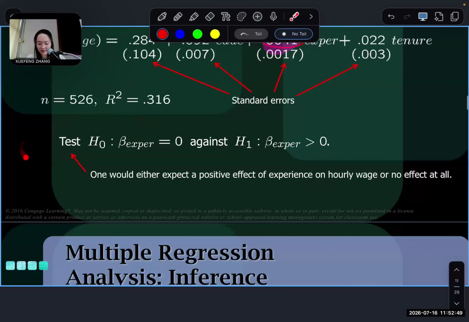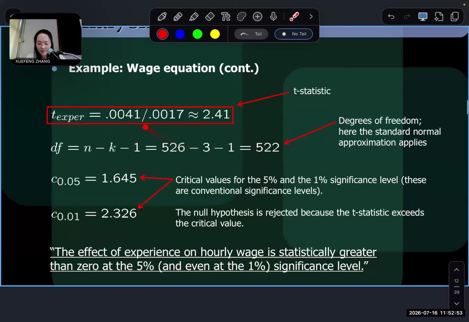So we need to test those hypotheses, okay? Next, how do we calculate the t ratio of experience? The estimated coefficient divided by its standard error, right? So you got approximately 2.41. This is the t ratio.